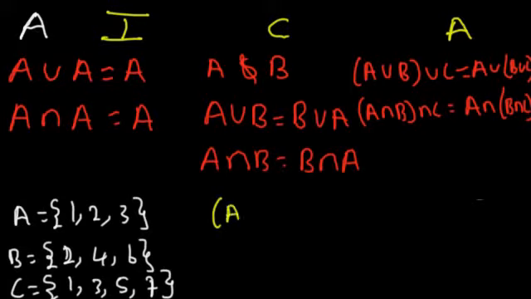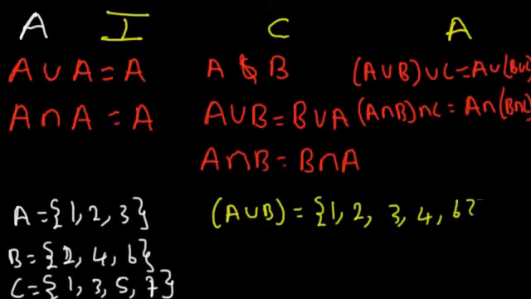A union B is equal to 1, 2, 3, 4, and 6.